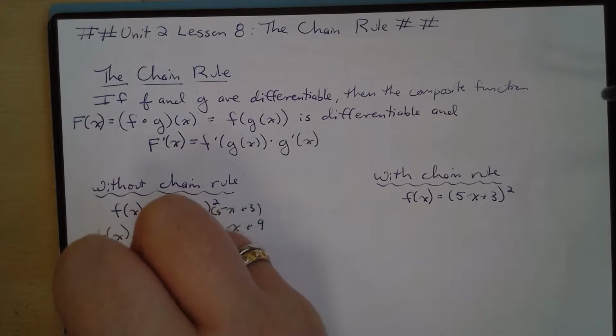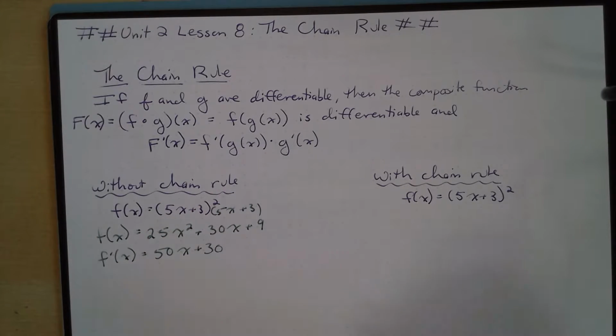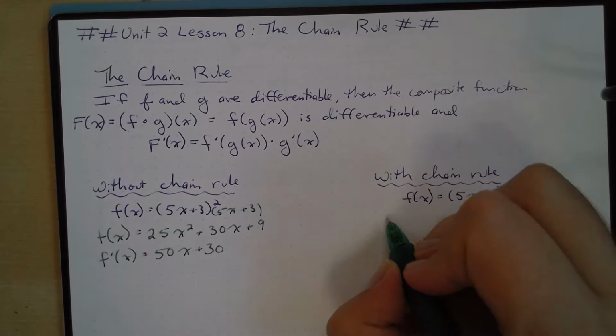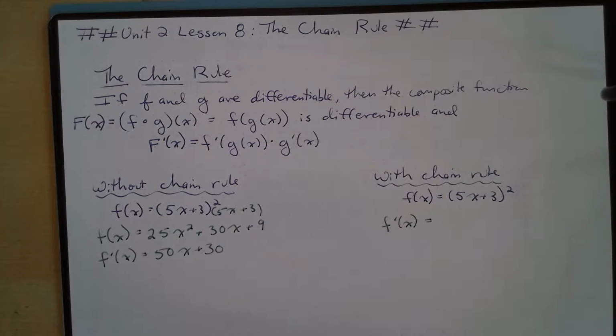And then I can actually find my derivative. So this is going to be 50x plus 30. But if I want to use the chain rule, I'm just going to start: f prime of x is equal to, you're actually going to derive very similarly to how you have before.